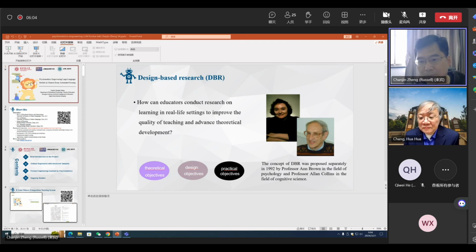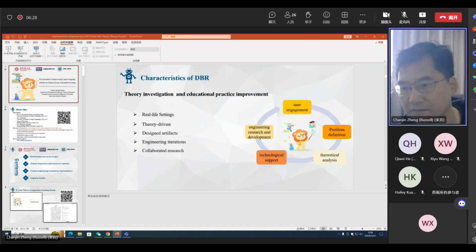The difference from what we did before is that we used to focus on theoretical objectives, right? But if you are trying to develop something, you have to concern yourself with design objectives and practical implications. Actually, this idea came from psychology, but now it's quite popular in educational technology and learning sciences.